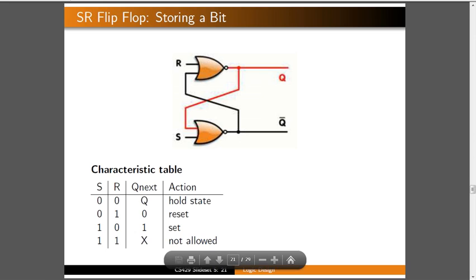The inputs are two, S and R. For 0, 0 the output is Q, that is hold state. For 0, 1 the Q next is 0 and the action is reset. For 1, 0 the output is 1 and the action is set. For 1, 1 there is no operation, that is X, not allowed.